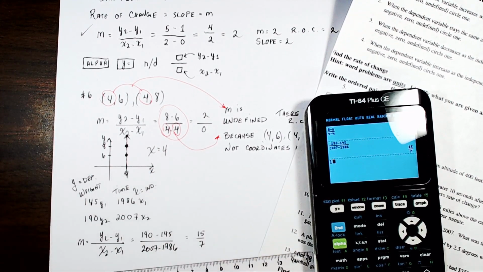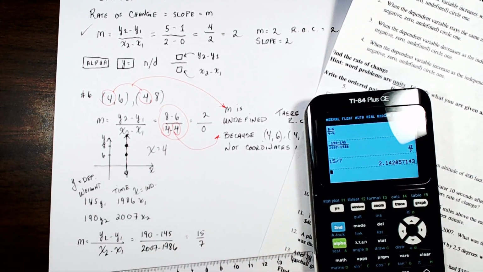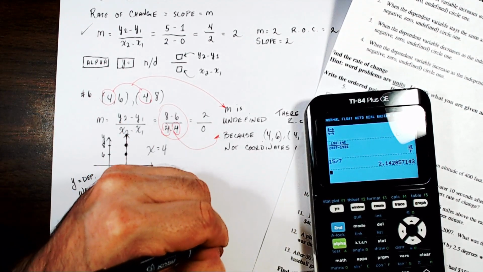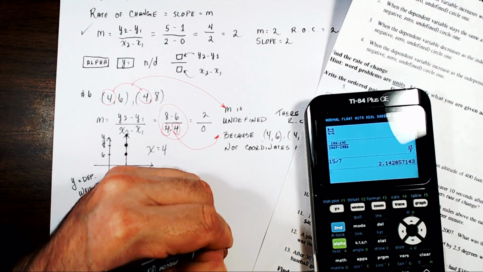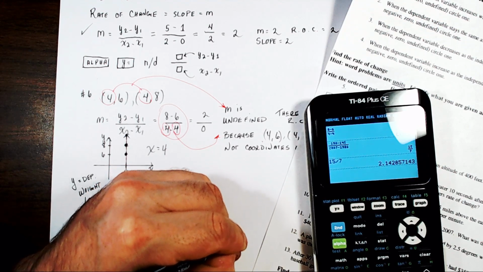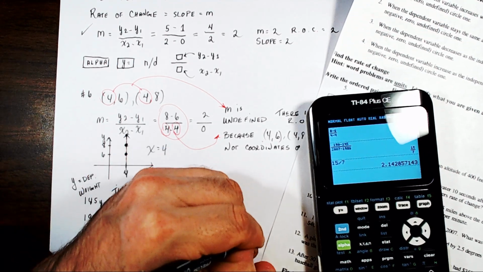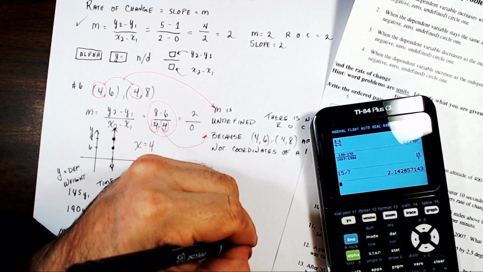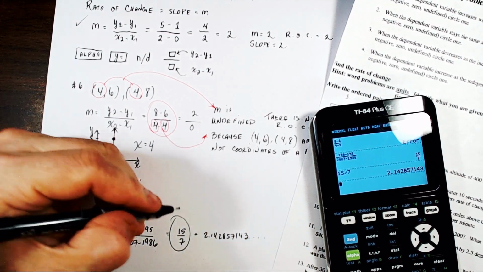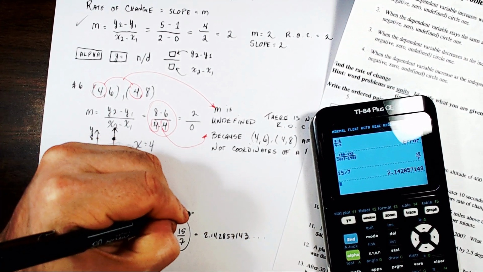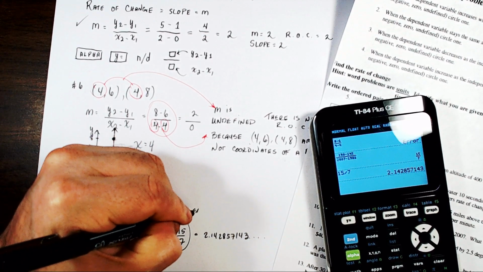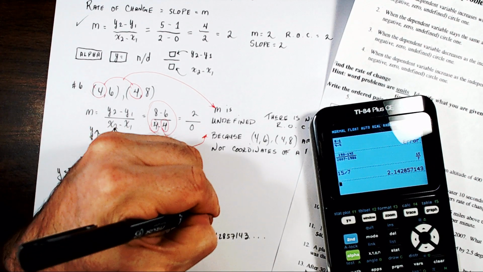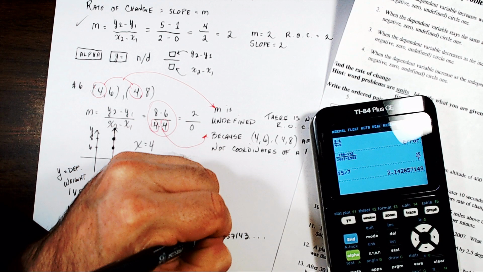If you want, you can divide 15 divided by 7 and get a decimal, but this is better because the decimal appears to go on forever. 2.142857143. And you know, it probably goes on. So a more accurate, or rather exact, way is to leave it in an improper fraction form. So this is an exact solution, and this is an approximation.